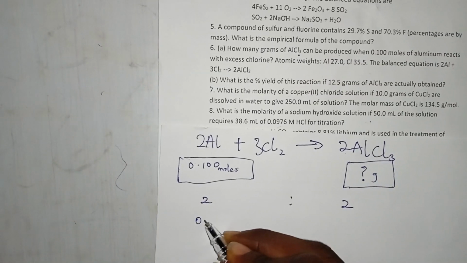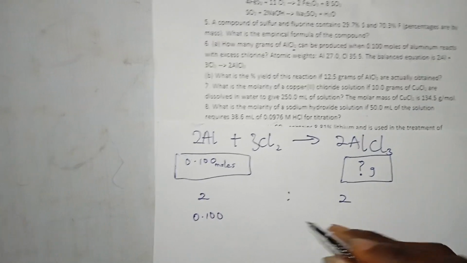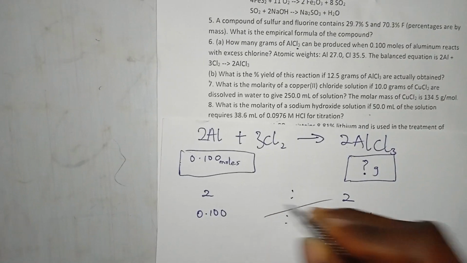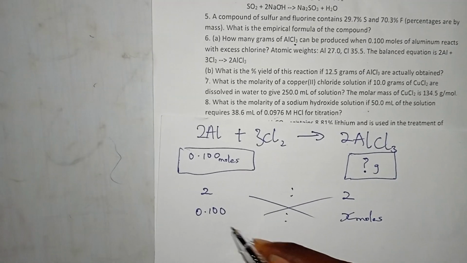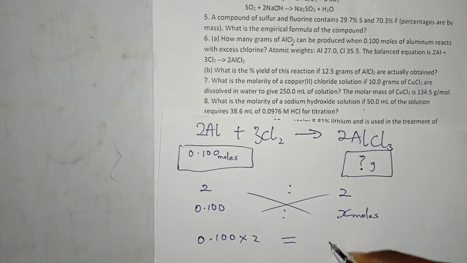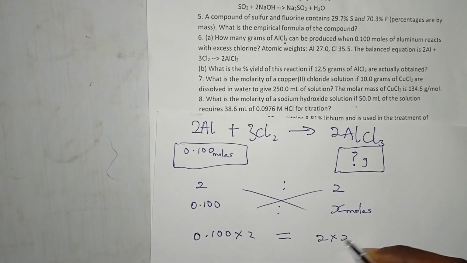Now I'm given 0.100 moles of this, and I don't have any mole of this, so I call it x moles. So when I cross multiply, I have 0.100 times 2 equals 2 times x.